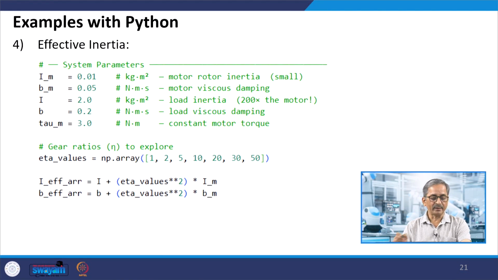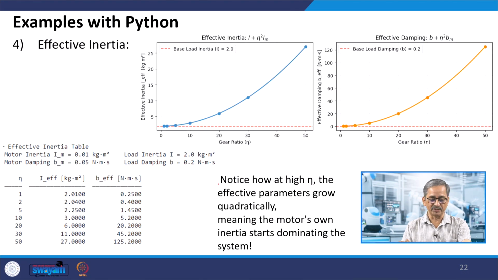Next is the effective inertia. Of course, this we have seen in the earlier example also, and here also we can see how the effective inertia values change with the various gear ratios. Here you can see the effective inertia and how that is changing with the gear ratio.